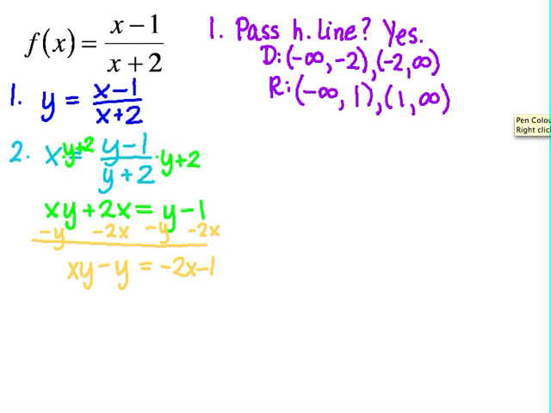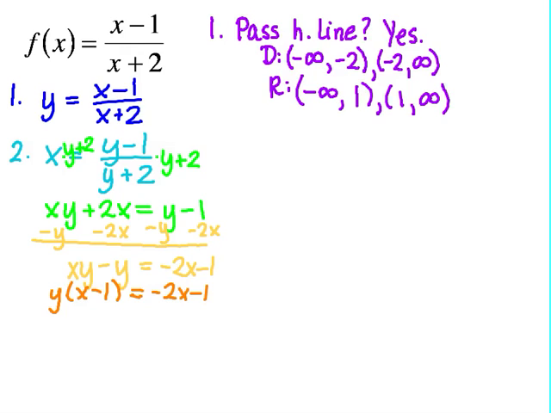Now, in order to get rid of that y, you need to factor that y out. If I factor that y out, I get x minus 1. So if I take that, how do I solve that for y now? Divide by x minus 1, exactly right.